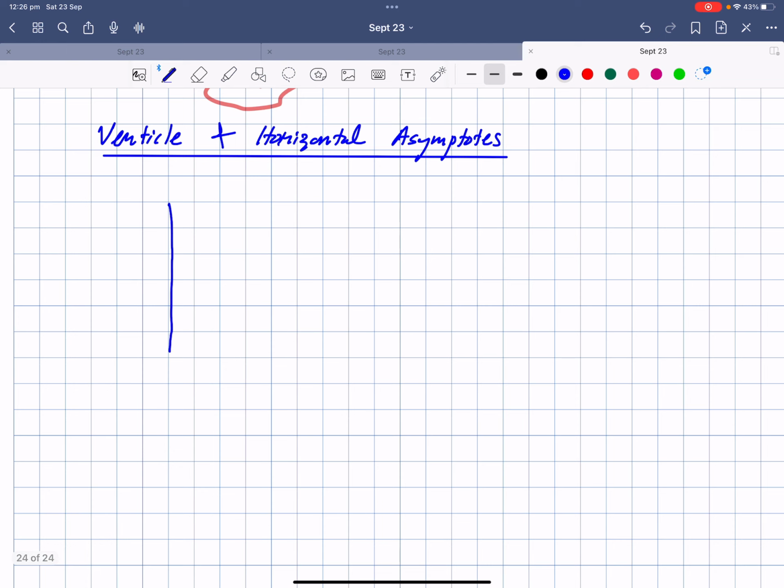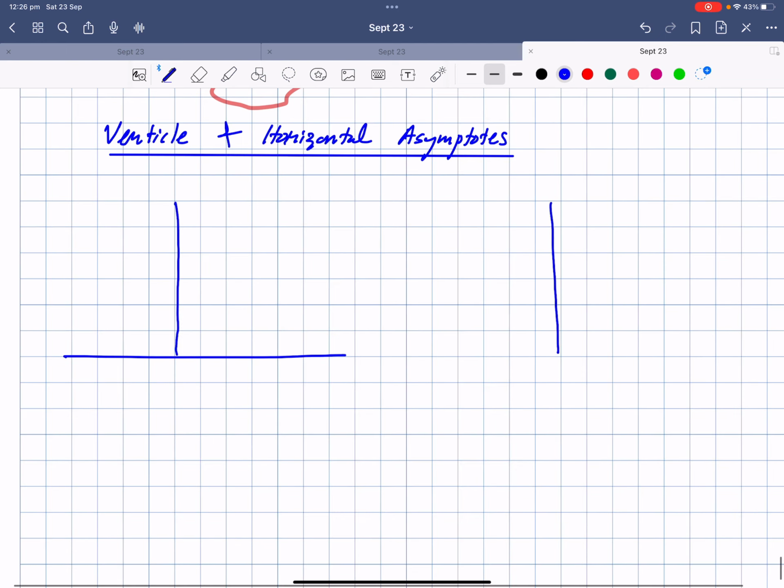Example. Suppose you have a thing like this, right? So I'm considering this vertical asymptote.